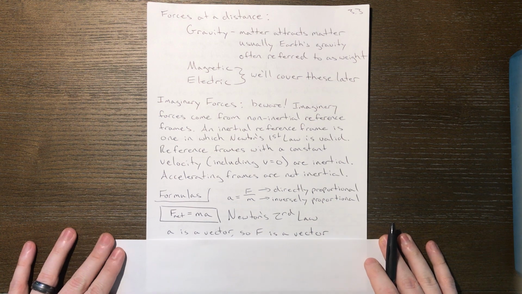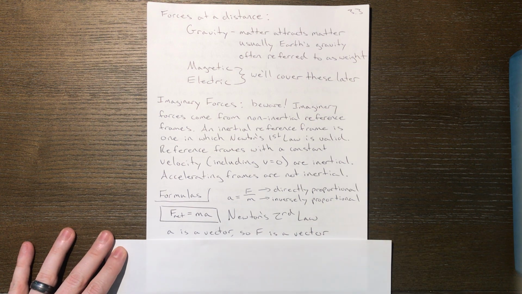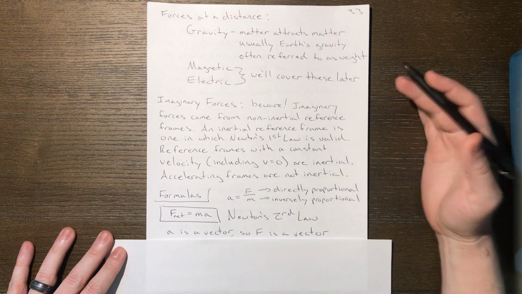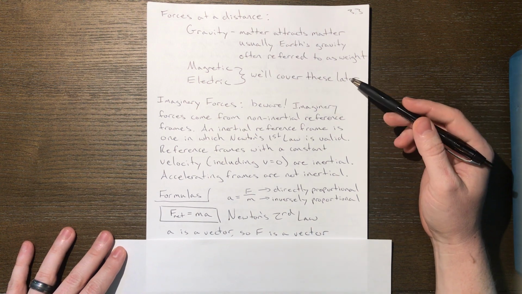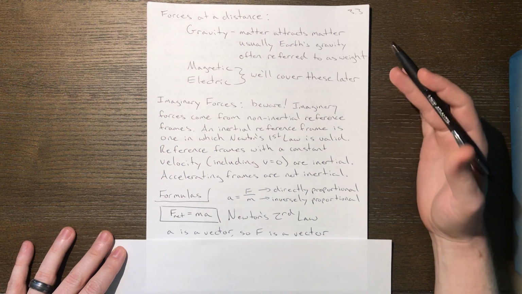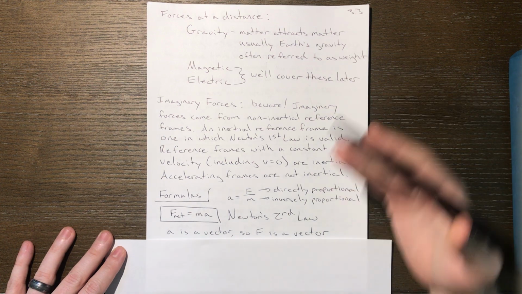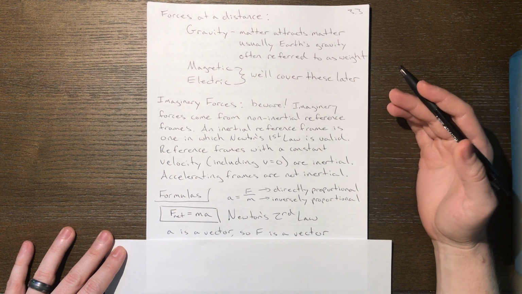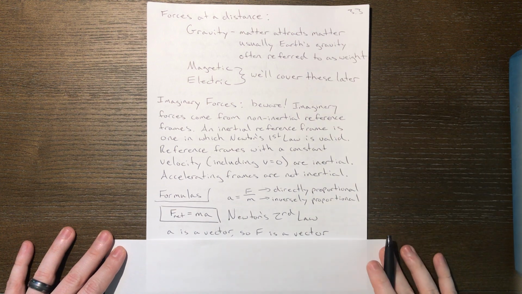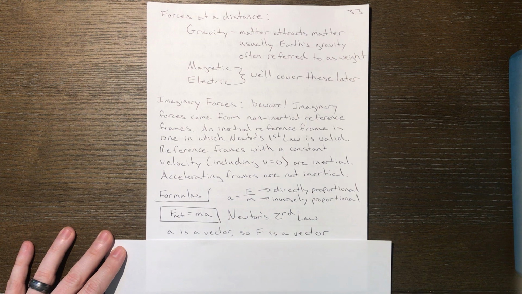So, for instance, we saw back in Chapter 2 that displacement was a vector, and when we defined velocity from displacement, that meant velocity was a vector. And then we defined acceleration from velocity. And so acceleration inherited that vector nature from velocity as well. Well, let's take that one step further. We now see that F is defined by A, force is defined by acceleration.